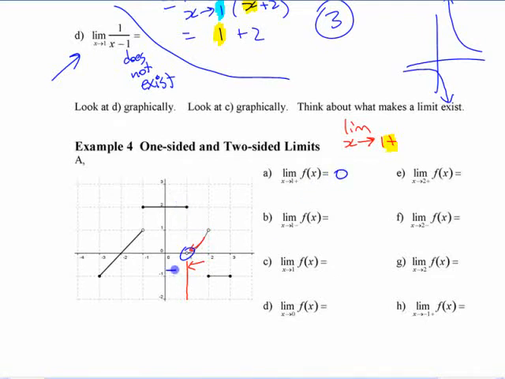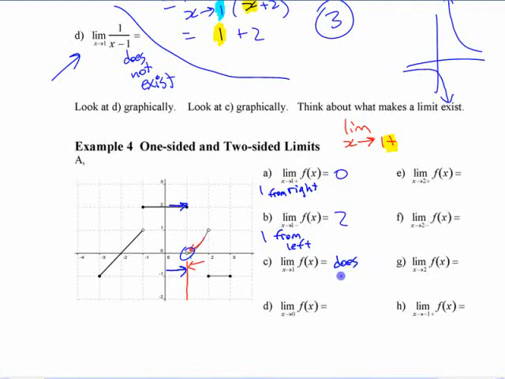As you approach 1 from the negative side, this function is headed for 2. It's 2 the whole way. Since the right-hand limit and the left-hand limit are different, this is from the right, approaching 1, and this is 1 from the left.